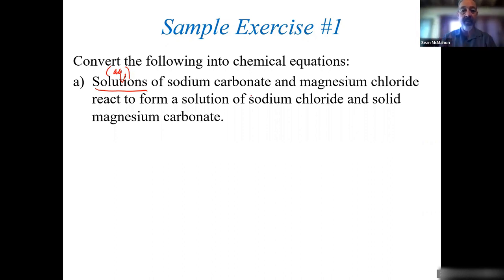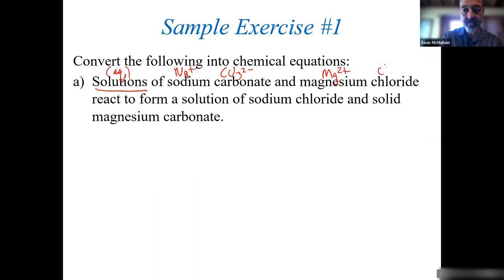This is an ionic compound, which means I need to think of charges. So sodium is a +1, carbonate's a CO3 2-, okay? And that solution of sodium carbonate is combined with magnesium chloride. Magnesium's a metal, chlorine's a nonmetal. Again, binary ionic, so I have to think of charges.